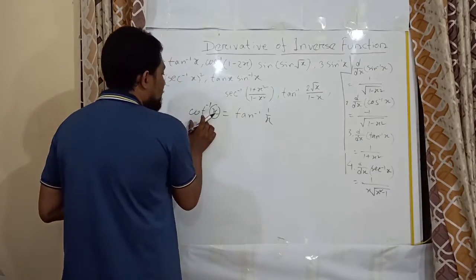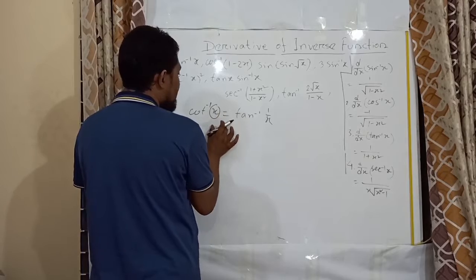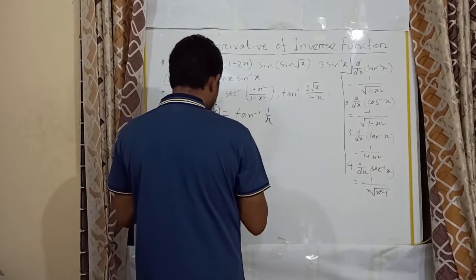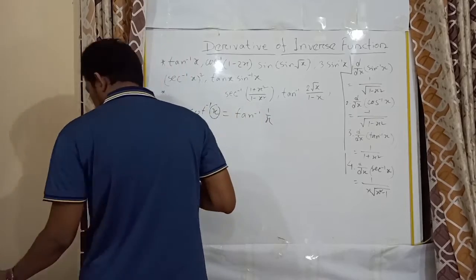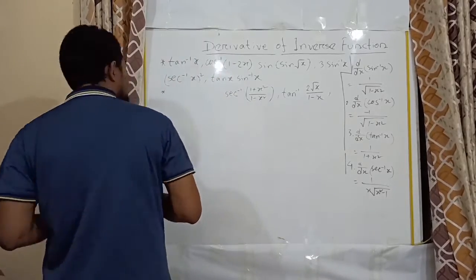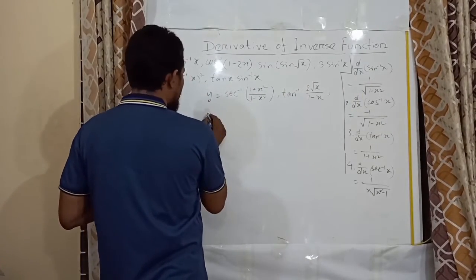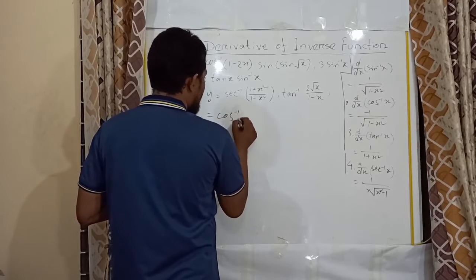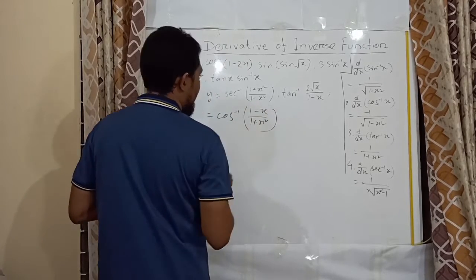The cot inverse and tan inverse are reciprocal of each other, so x is replaced by its reciprocal 1 by x. Now sec is the reciprocal of cos. So we are doing the reciprocal system. So y equals sec inverse something, and we might write cos inverse of 1 minus x square over 1 plus x square.